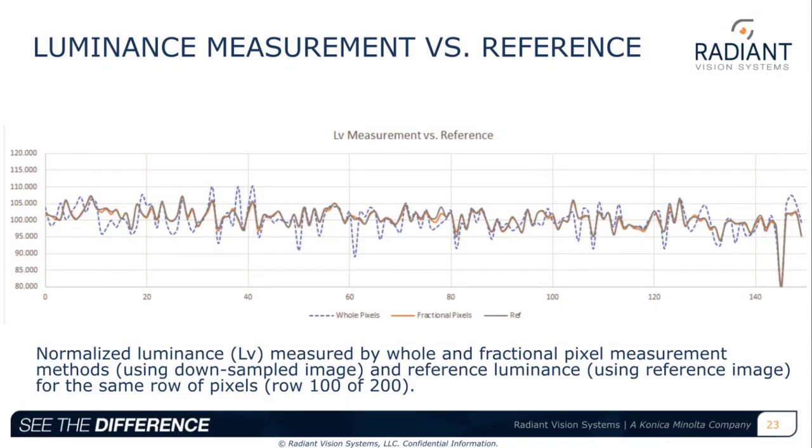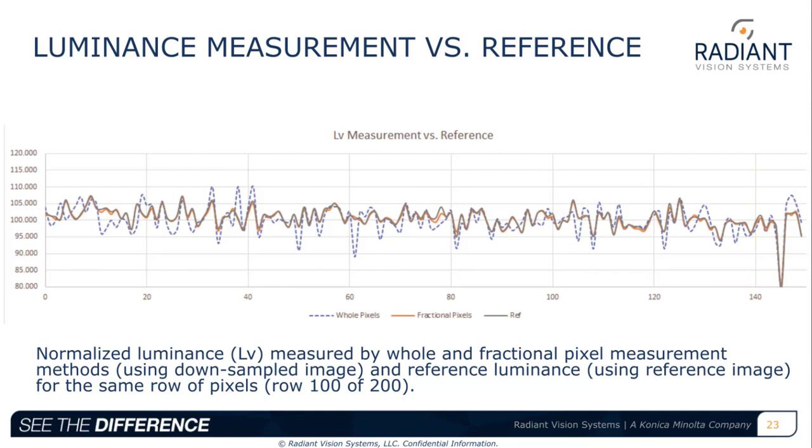Let's take a look at a cross-section of the data where it's easier to show numerical values to compare the data. This graph shows normalized luminance for a row of pixels as measured by whole and fractional methods for the downsampled image, as well as luminance values for the same row for the high-resolution reference measurement.